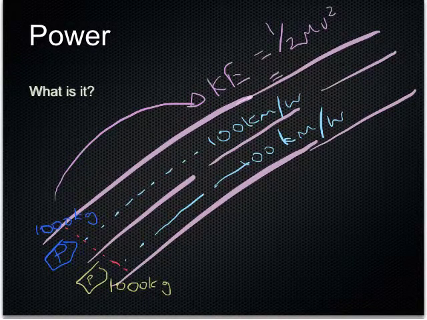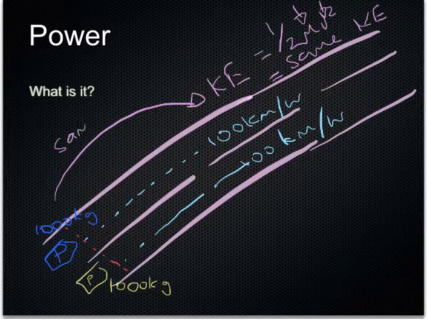So we could say for both of them, they have the same kinetic energy. Why? Because they both have the same mass, and they both have the same speed at the end. So they both have the same amount of work.